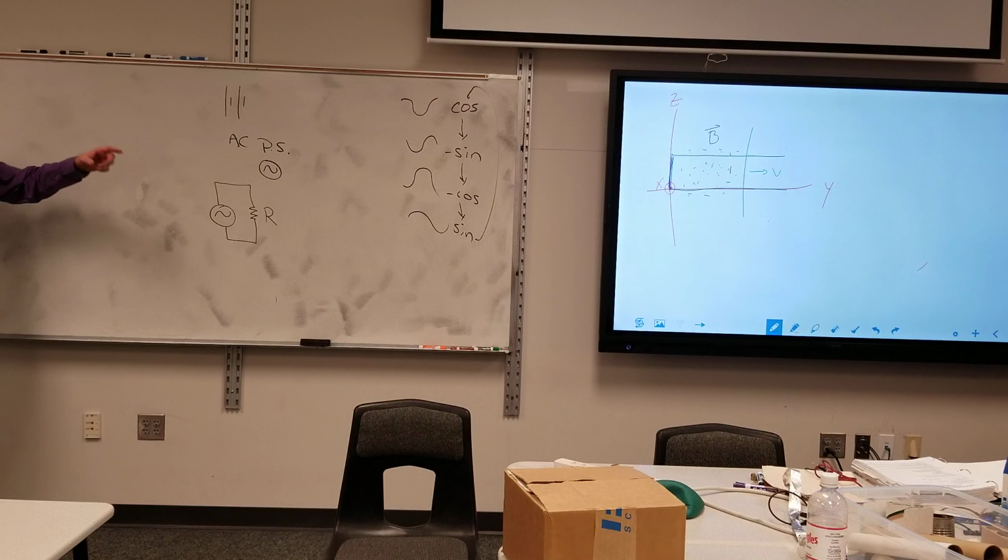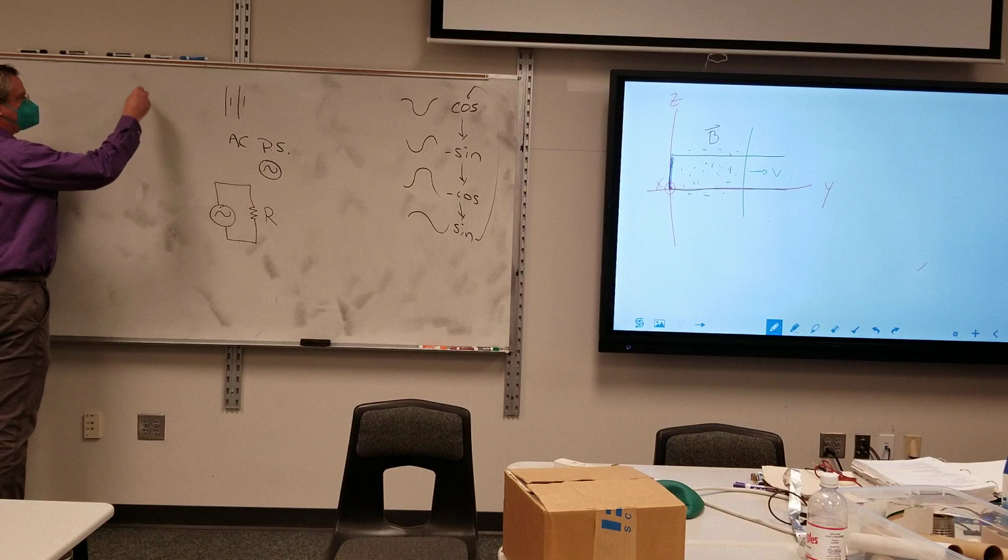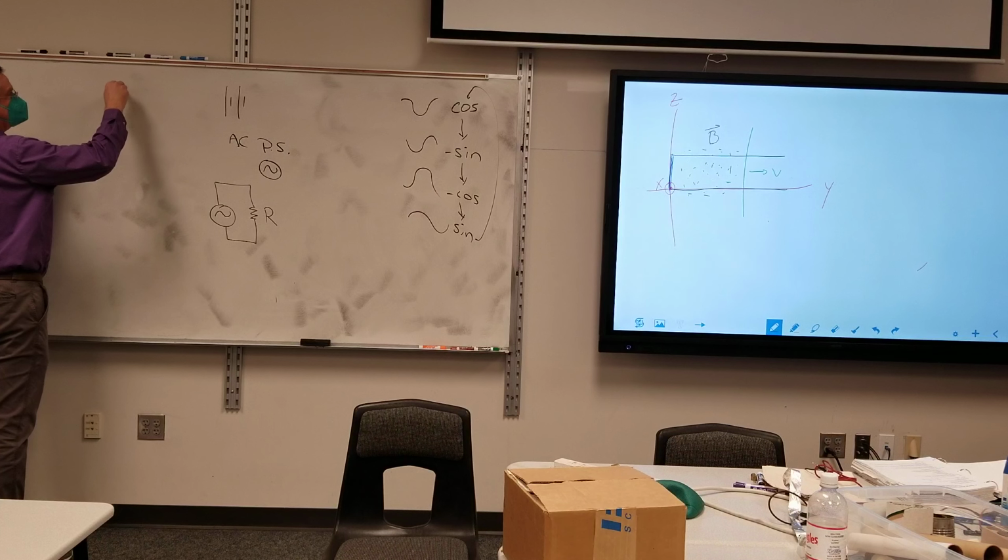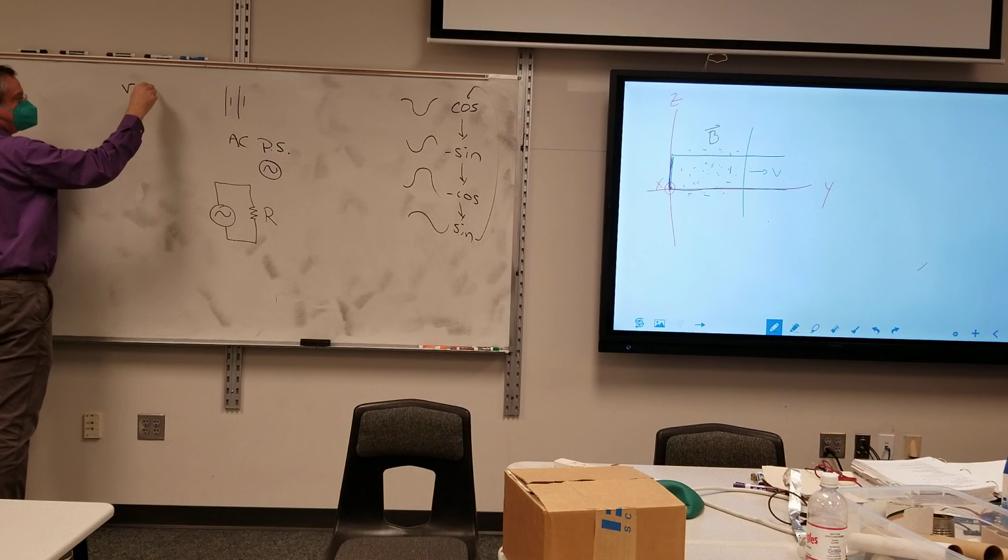Because the power supply is alternating back and forth, it is oscillating in either a sine wave or a cosine wave, depends on your mood at the time. We'll just pick sine. So the voltage is equal to some amplitude here.